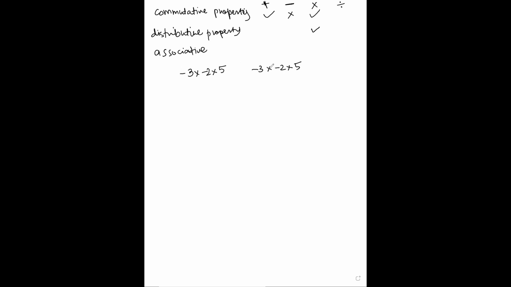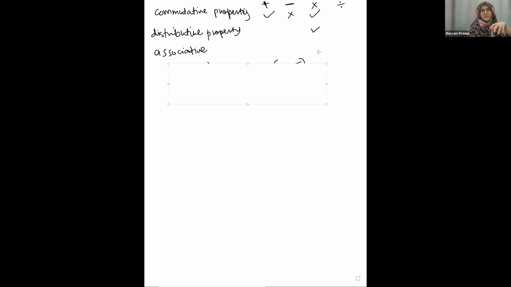In the first one, minus 3 and minus 2 are in a group. In the second one, minus 2 and 5 are in a group. This is true for multiplication, and also for addition.